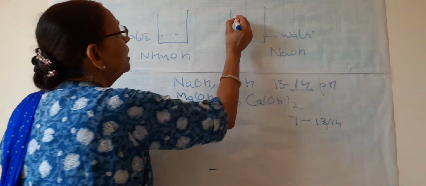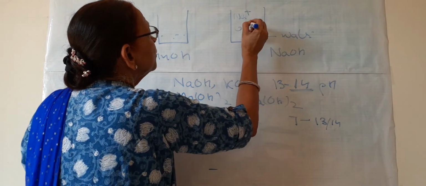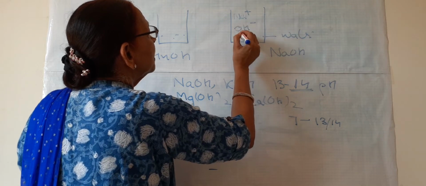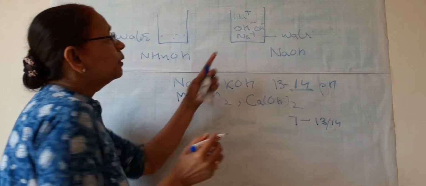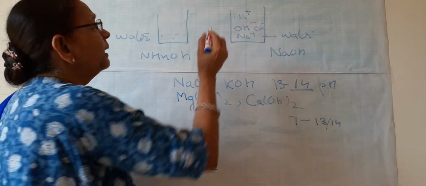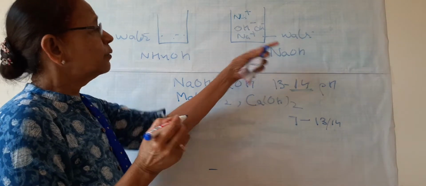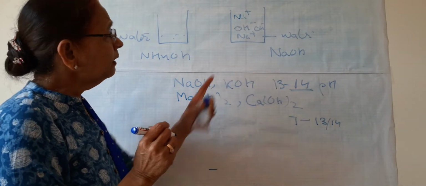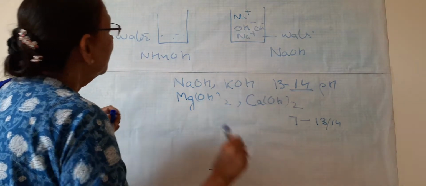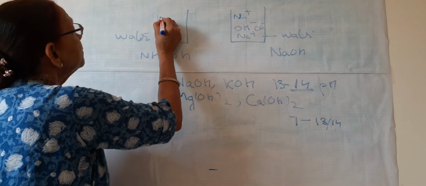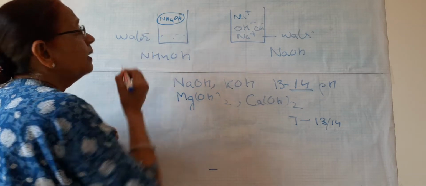The NaOH is completely dissociated into sodium ions and hydroxyl ions, the metallic cation and the anion. It is completely dissociated in water into Na and OH ions. But with NH4OH, some of its molecules remain as such.